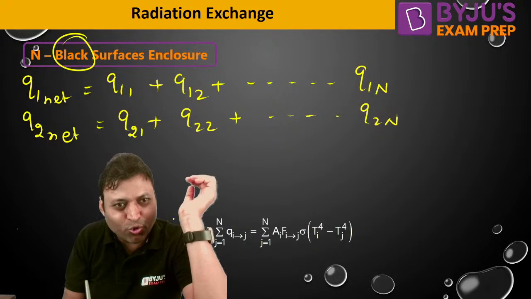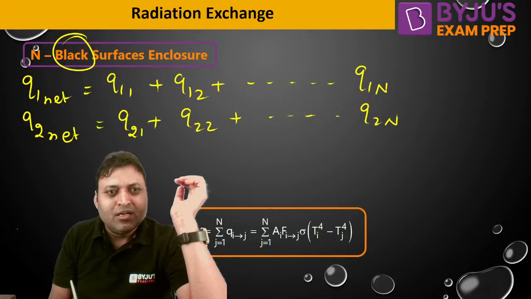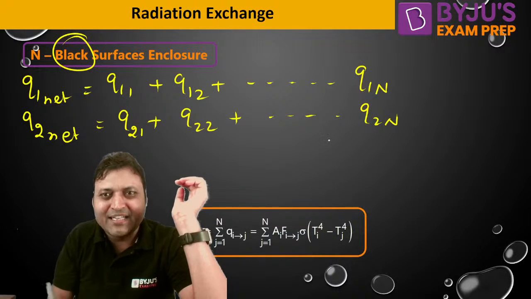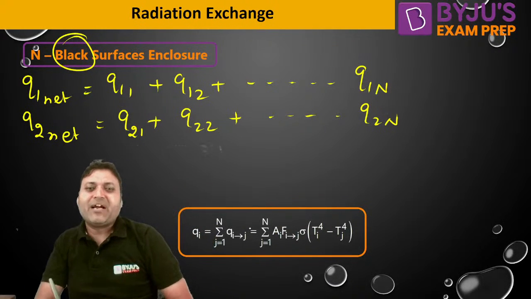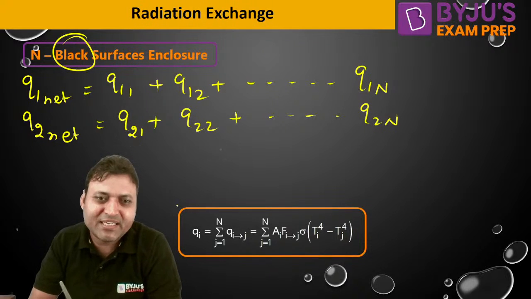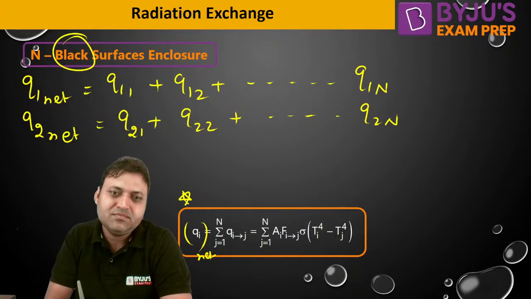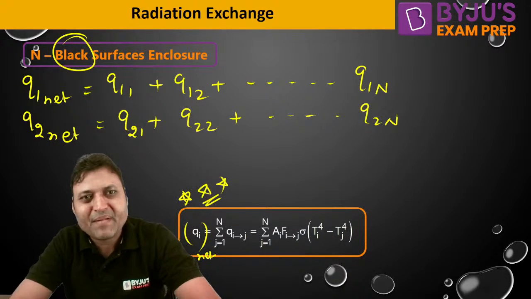And similarly, Qi net can be written as summation of j is equal to 1 to n Qij, and that will be equal to Ai Fij sigma into Ti to the power 4 minus Tj to the power 4. That is the net heat transfer. Clear?